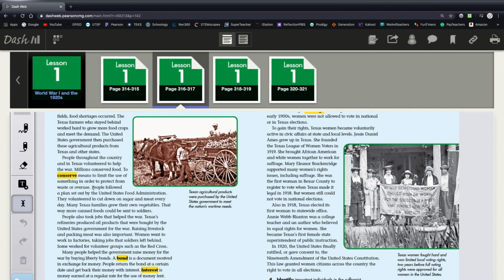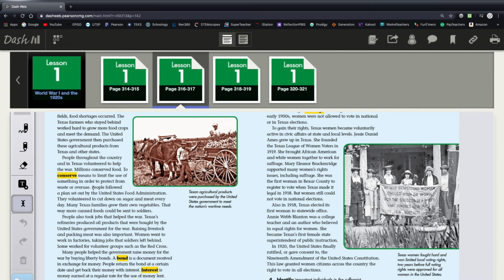So instead of buying a lot of sugar, they just only got 1 kilogram, and they left the rest for soldiers, right? Because soldiers needed food in the battlefield, and the same thing happened with other resources such as oil. Remember that oil is a crucial resource to make gas, right?